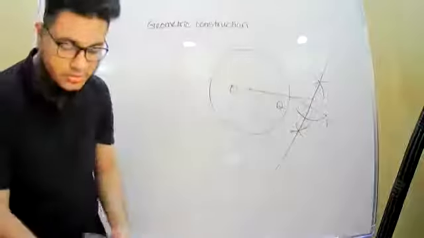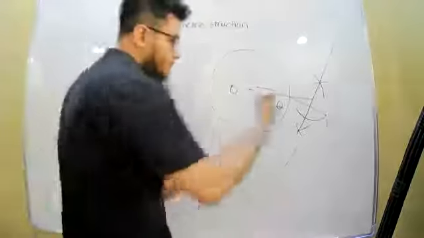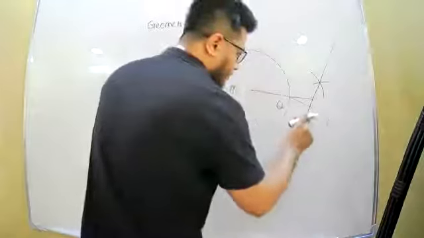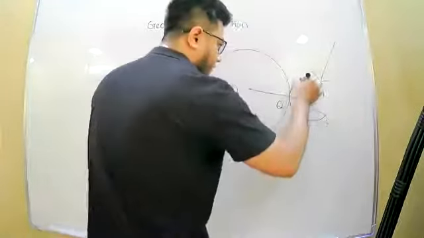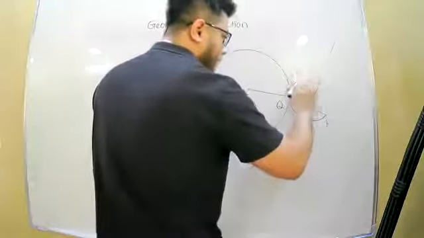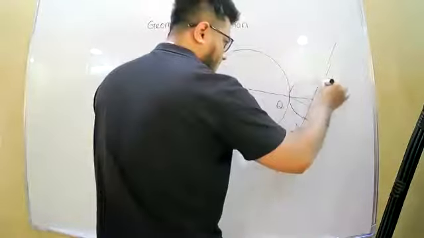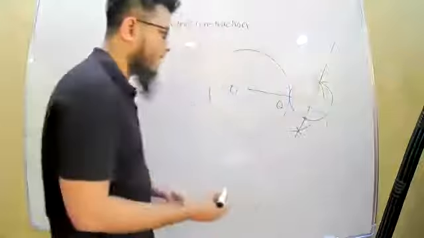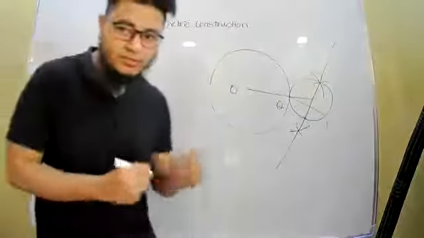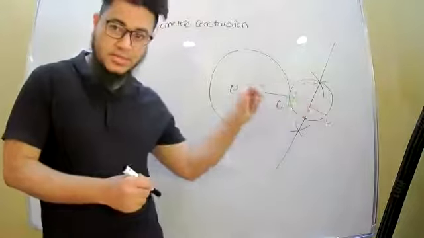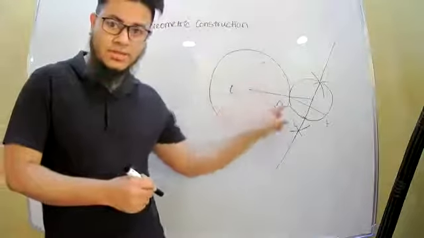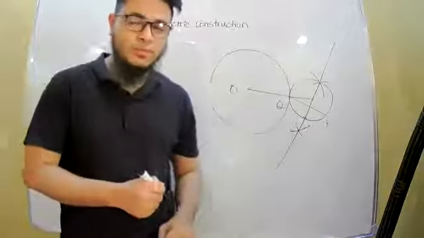Okay, it's a little bit hard, so I will just do it with my hand. So it should pass through like this. Okay, something like this. So this should be our circle, which will pass through the point P, and we just touched the given circle at the given point Q. Is it clear?